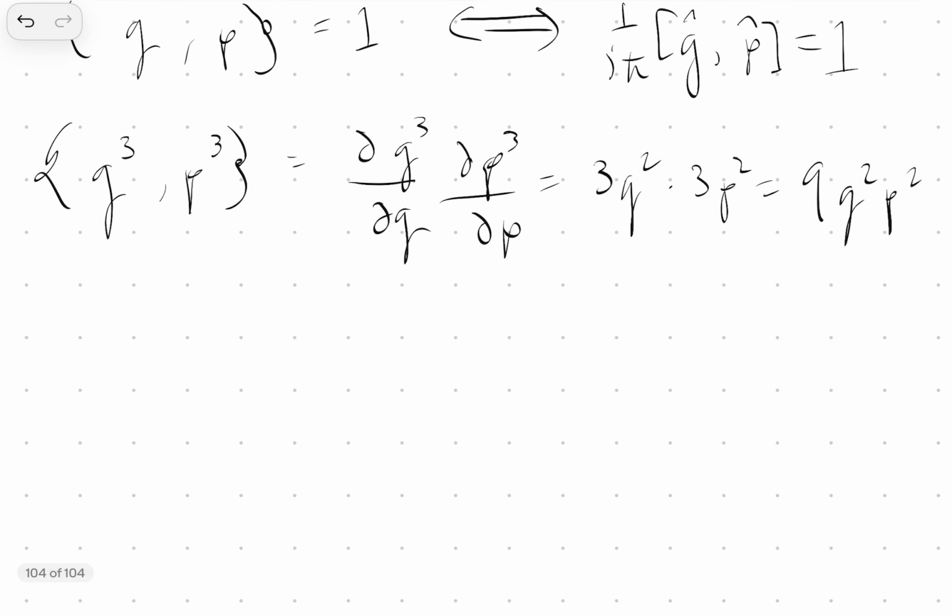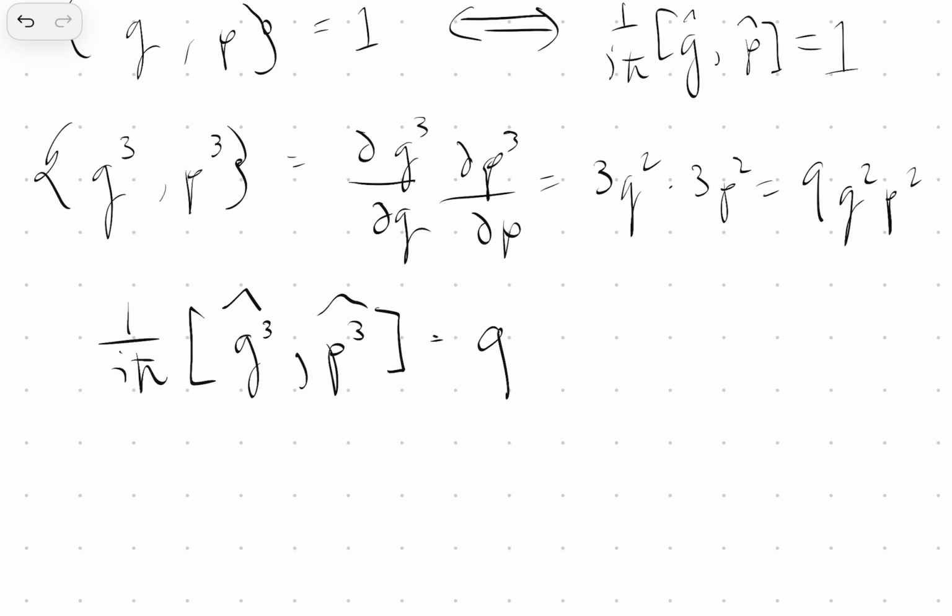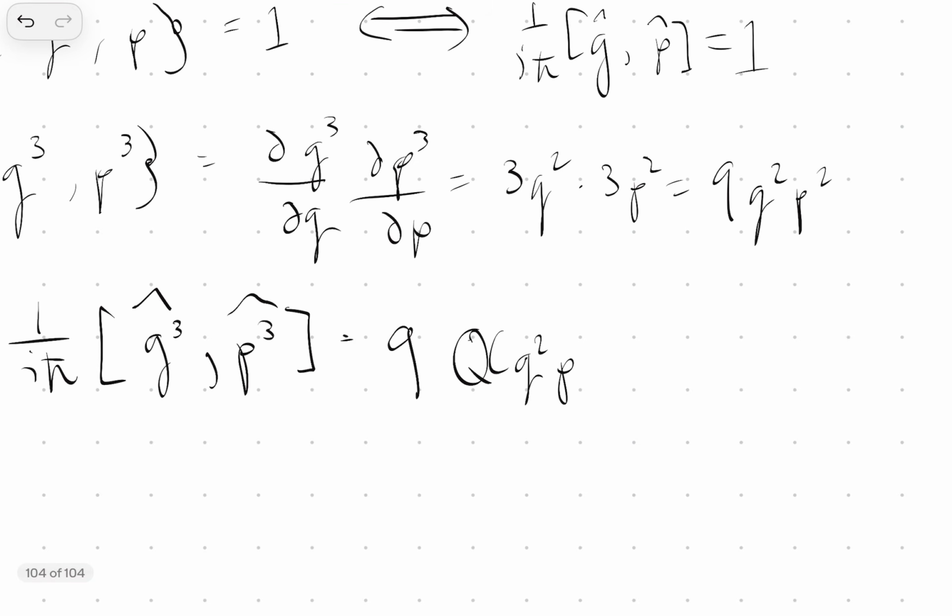And if you have a quantization map, for this to be a homomorphism, that would require that the operator for Q cubed and P cubed bracket should be equivalent to 9 times the representation of Q squared P squared.